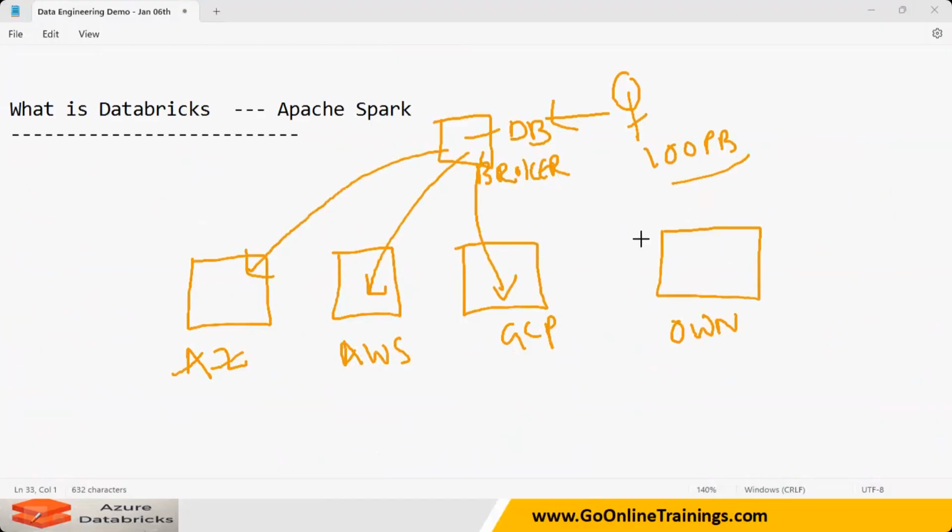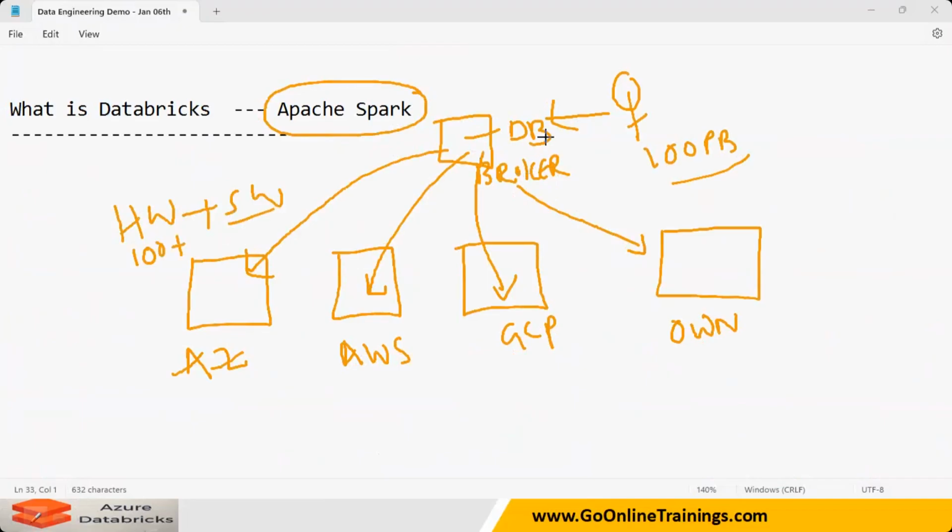Anything is fine. You can have your own computers and hardware and everything. After that, if you want to clean the data, what software do we need to have? Apache software. So one is the hardware you need to have. Second is the software we need to have. So instead of you doing it, you think that you need 100 servers, and inside that I need to install software.